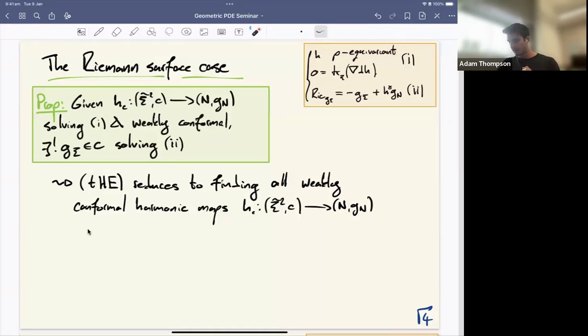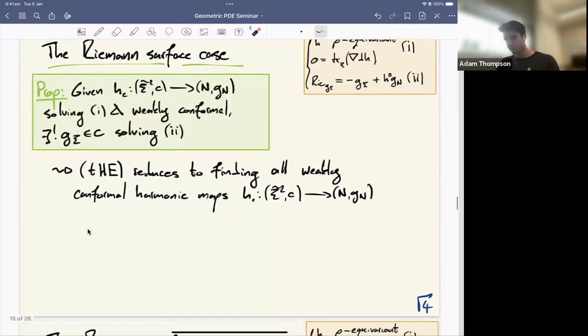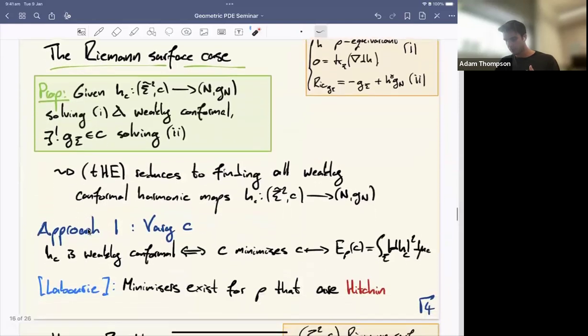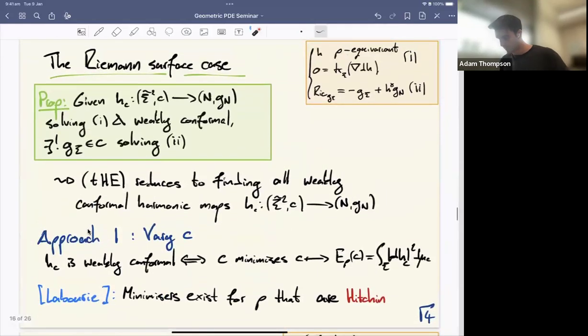And that gives us, there's kind of two approaches now to follow. So the first approach is kind of what I alluded to before. So in this one, we vary C. What this is based on is this map in Corlette's theorem is weakly conformal if and only if C minimizes this functional.